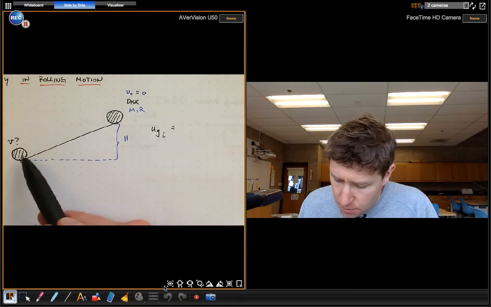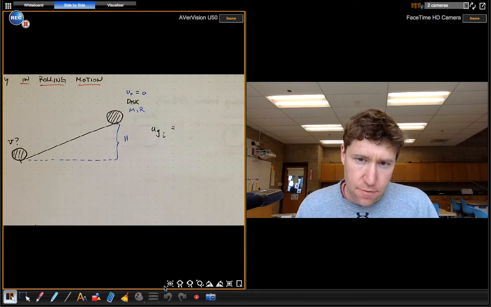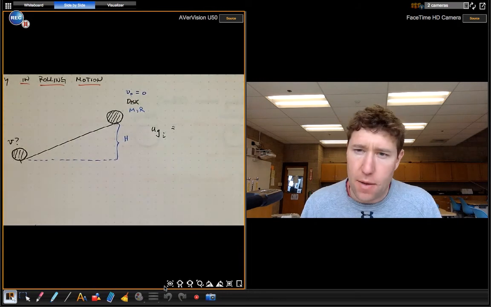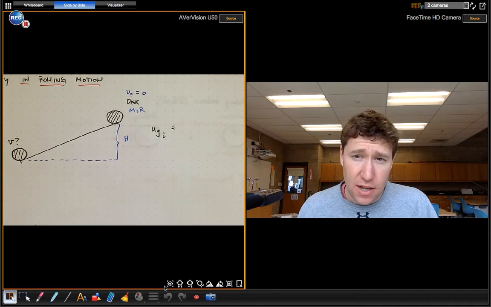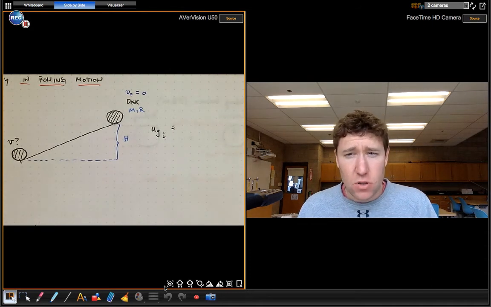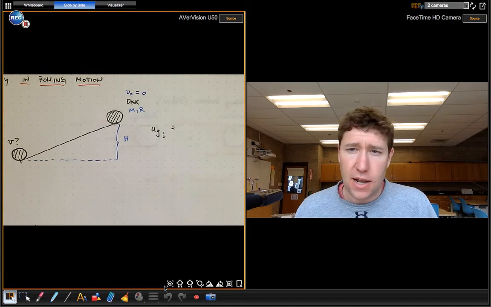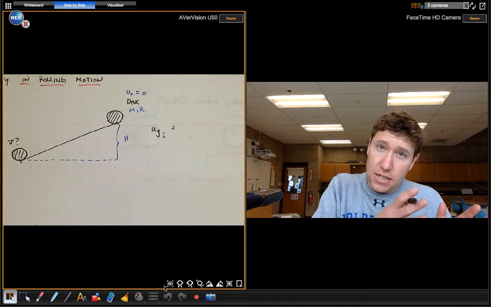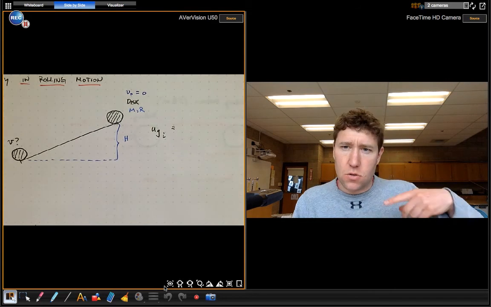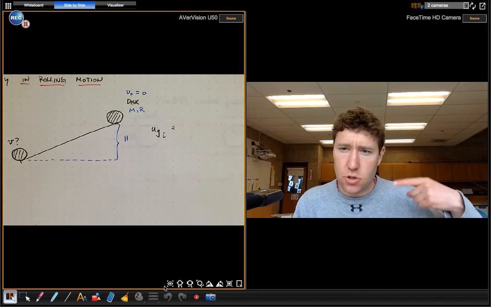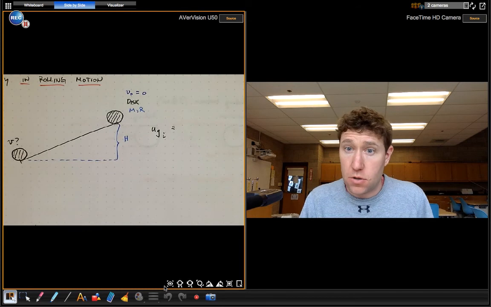Well, then when it gets to the bottom, what sort of energy does it have? If it's at the very bottom of the ramp, it has no more gravitational potential energy, but it will have kinetic energy. Because it's rolling, it's going to have two types of kinetic energy. It has kinetic energy of translation, the linear kinetic energy, 1/2 mv squared. But since it's spinning in addition to translating, it also has rotational kinetic energy.